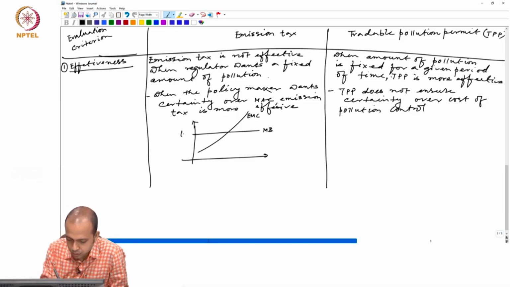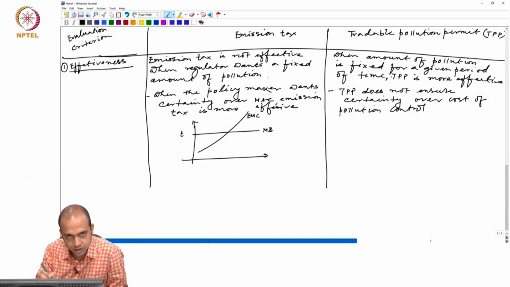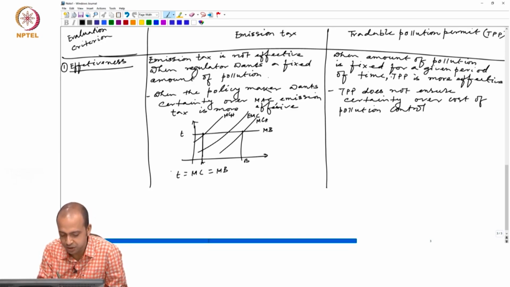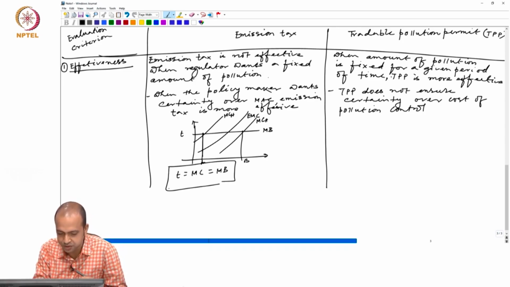Then the pollution tax is more effective, because even if the marginal cost is higher or lower, at each point T equals MC equals MB is achieved. At this point, let us say this is A, this is B, at both the points A and B, T equals MB equals MC is achieved.